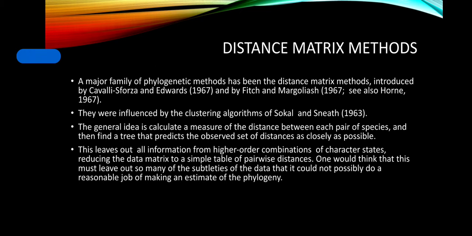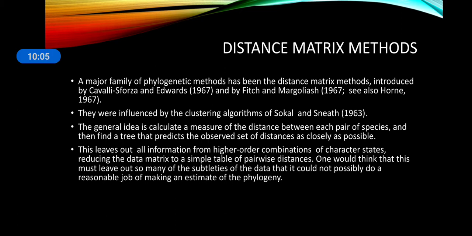The distance matrix method was introduced by Cavalli-Sforza and Edwards, and by Fitch and Margoliash in 1967. They were influenced by the clustering algorithm of Sokal and Sneath. The general idea of this method is to measure the distance between each pair of species, and then find a tree that predicts the observed set of distances as closely as possible.